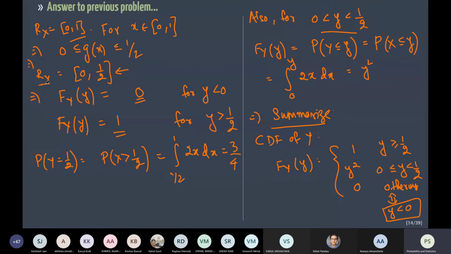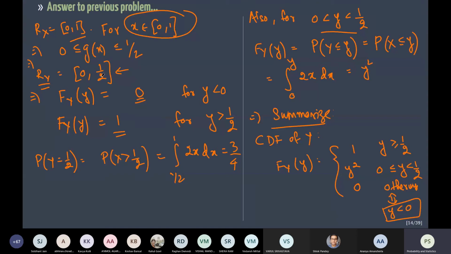So we are computing now the range of y. So range of y is 0 to half. Okay, so for x in [0, 1], g(x), because these are all the possible values x takes. So for all possible values, we have found what all possible values y will take, and this defines the range of y. That's how we compute the range of a function, right?